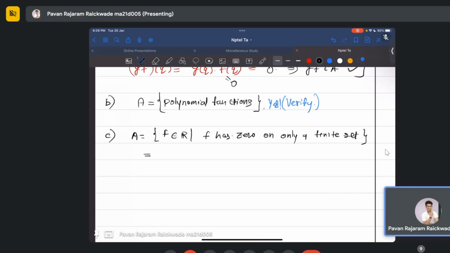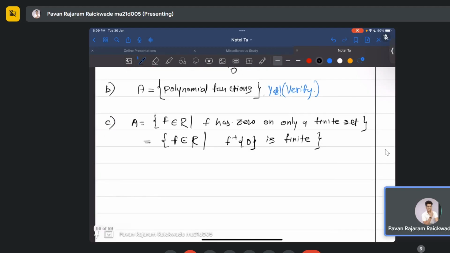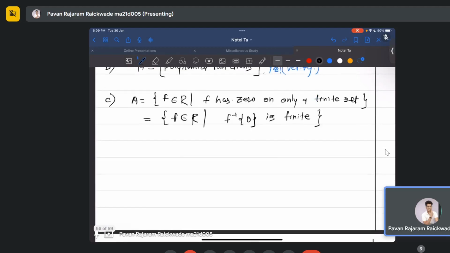I can write this set as f belongs to R such that f inverse of 0, the set of all points x for which f(x) is 0, which is precisely the set of all zeros of f, is finite. So all functions whose zero set is finite, we call this set A.